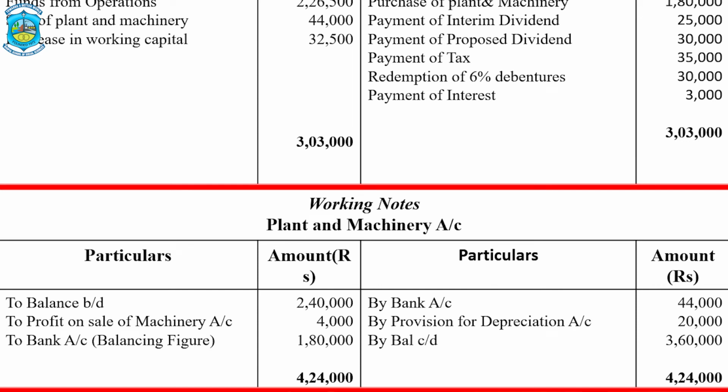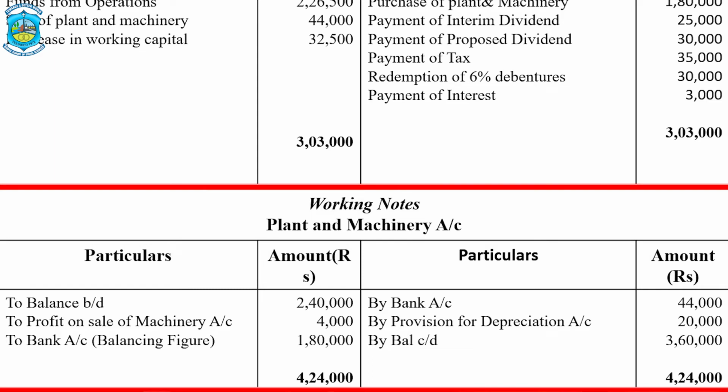It means the difference between cost price and written down value is 20,000, which has already been used by the company, and the written down value shown in the question is only 40,000. This machinery is being sold for rupees 44,000. So there is a difference of 4,000, which is our profit, and we have already earned this 4,000 rupees of profit.